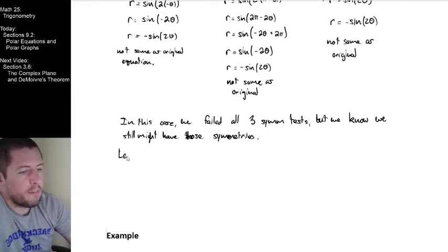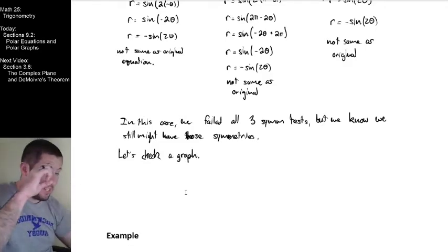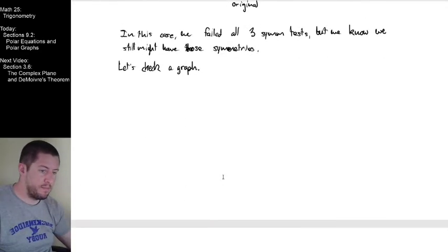Let's check a graph. So my question is, what symmetries does this graph actually end up having?